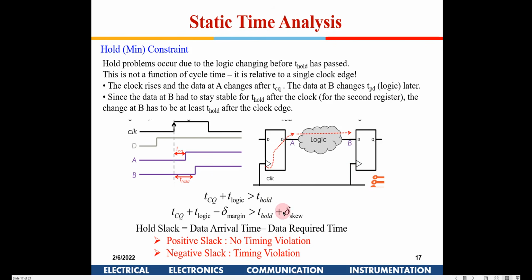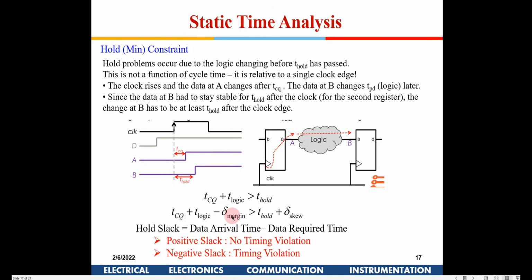So you are adding delta skew here, because this clock can come slightly in advance, so you have to cater for that. A margin is just if you want to be on the safe side, instead of keeping both of these equal. If you want, say, for unforeseen jitters which are coming in here, to keep a few picoseconds or some percentage margin, you can add this factor here.